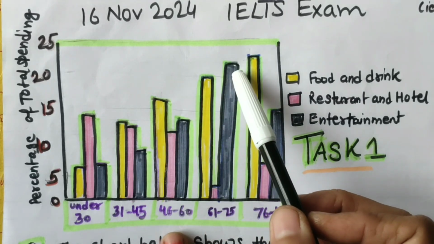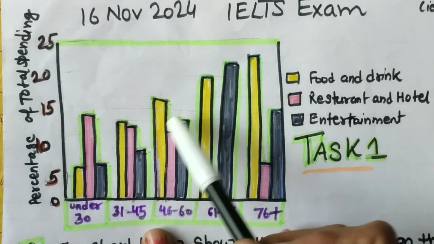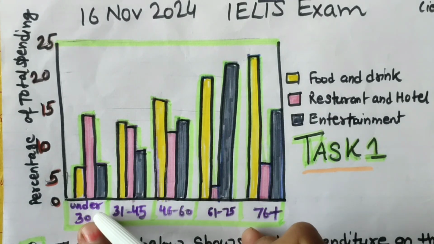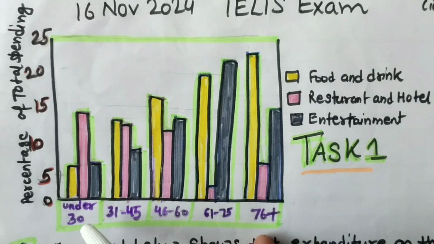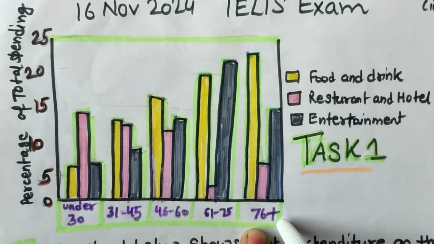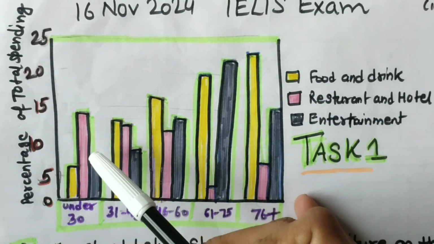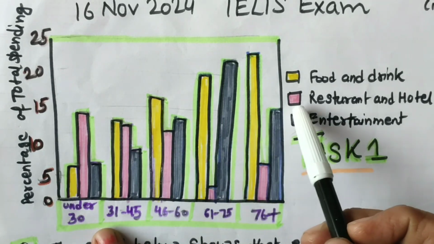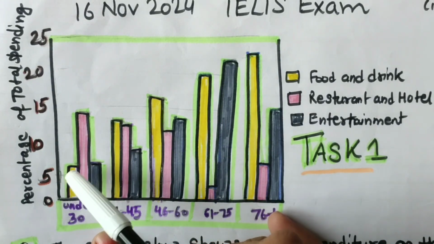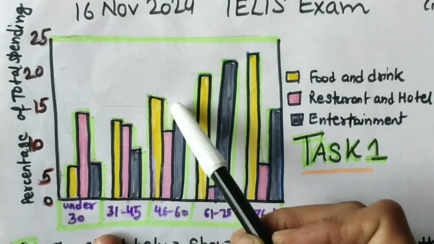And I can see the gray one, entertainment, in the first age group is going up. This is the youngest and this is the oldest age group. As I told you, the pink one, restaurant, is going down, and the food one is also going up.